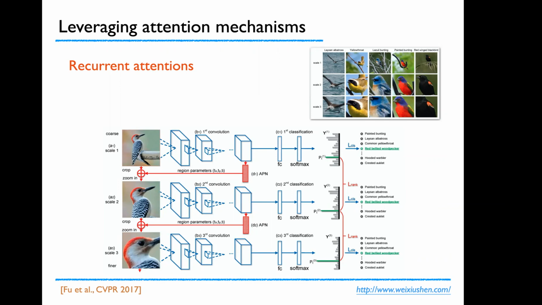RA-CNN is designed to iteratively generate region attention maps in a coarse-to-fine fashion by taking previous predictions as a reference. So they can get different, zoomed-in part-level fine-grained patterns.